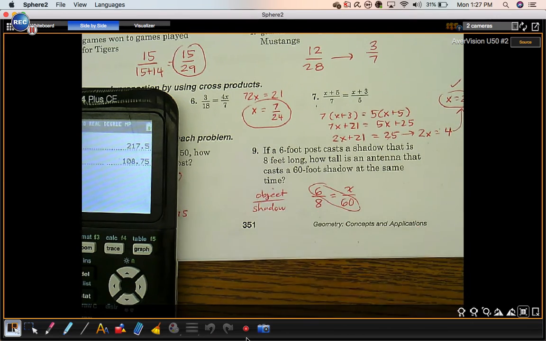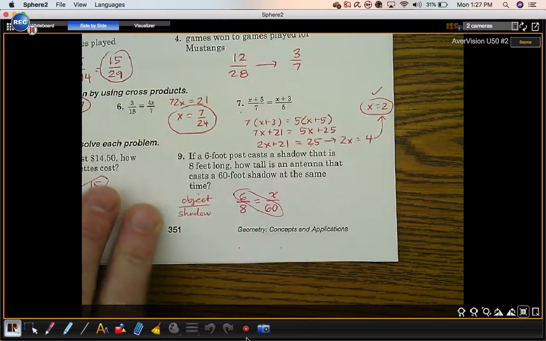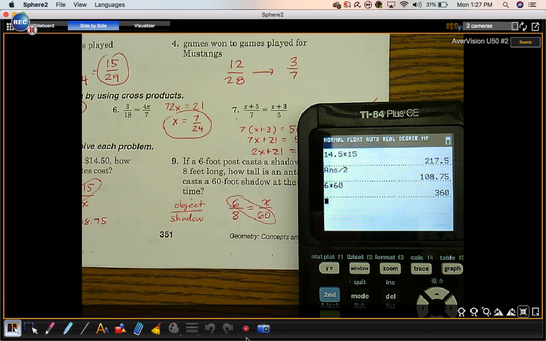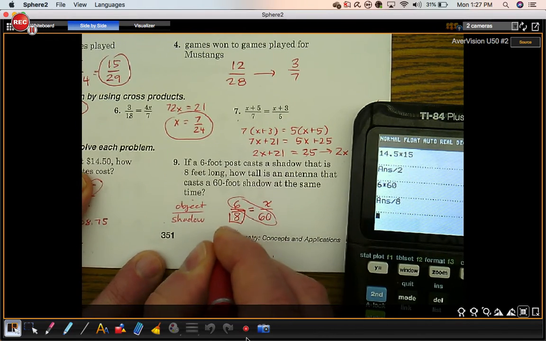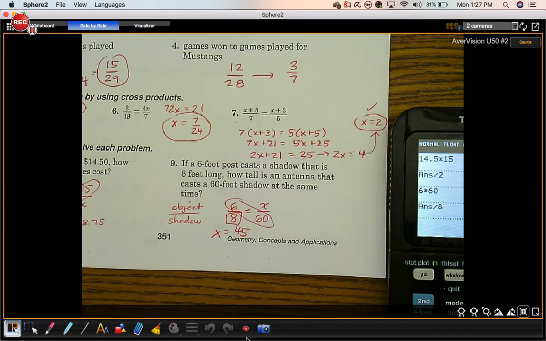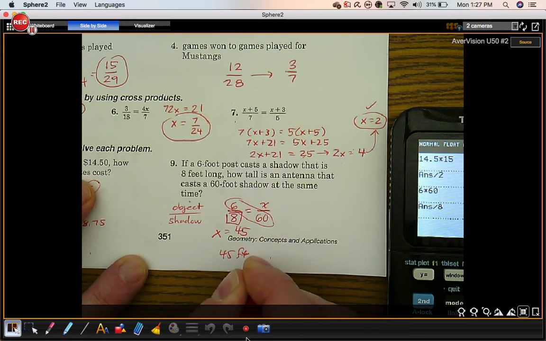We're going to do 6 times 60. And we're going to divide by 8. So x is 45. How tall is the antenna? 45 feet tall.